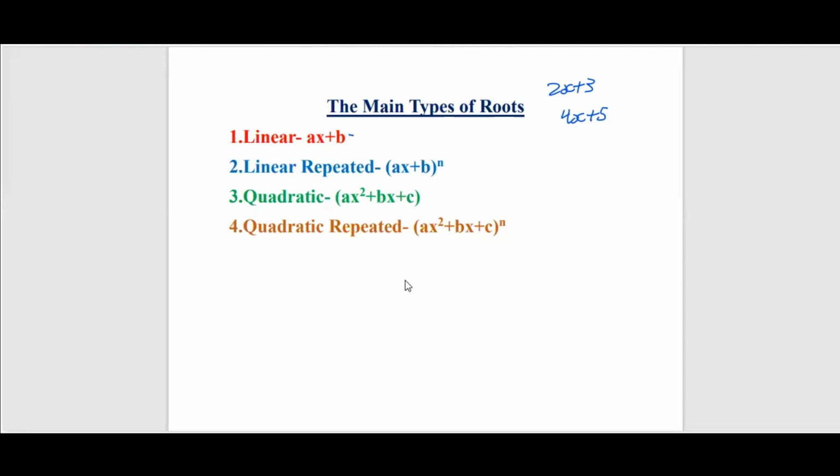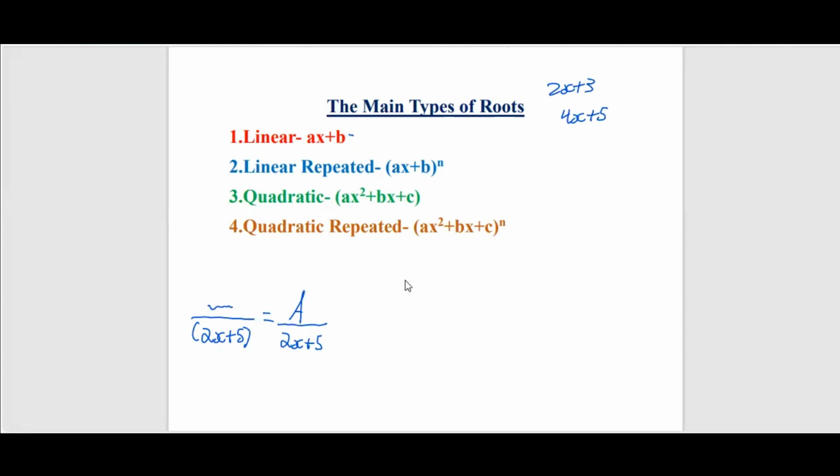Let's say we have 1 on top, since we don't care about the numerator for now, and 2x plus 5 at the bottom. When expressing this in partial fraction form, it will be an unknown A over the same thing at the bottom. And obviously step 3 will be solving for A, which I'll show you. So that's a linear factor.